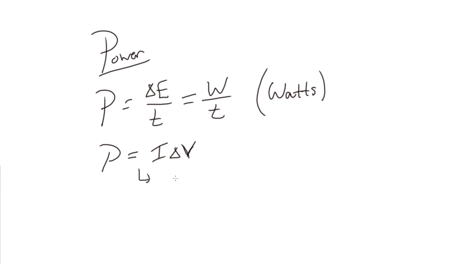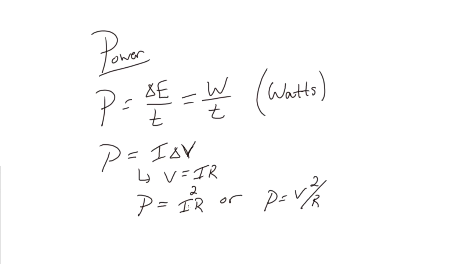Using V equals IR, we can derive a couple different equations of this power formula. Power, being watts still, could be I squared R, or power could be V squared over R. How did I get to both of these?